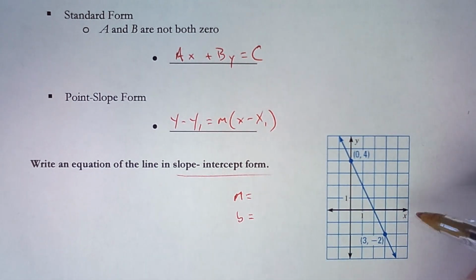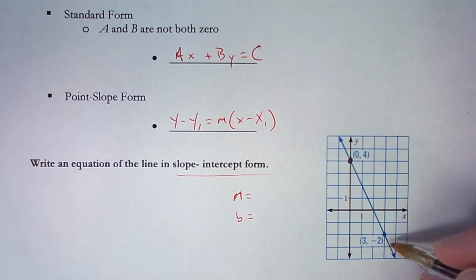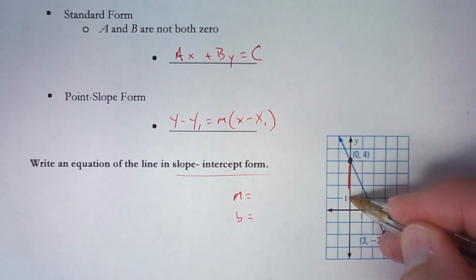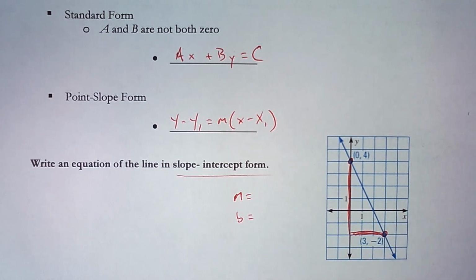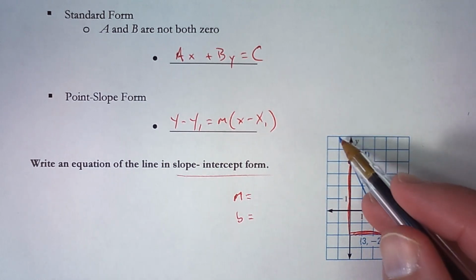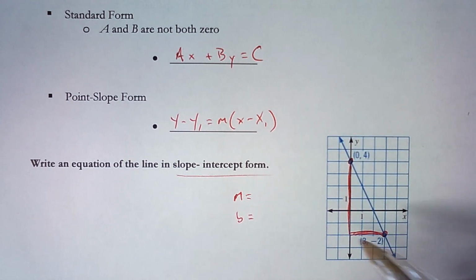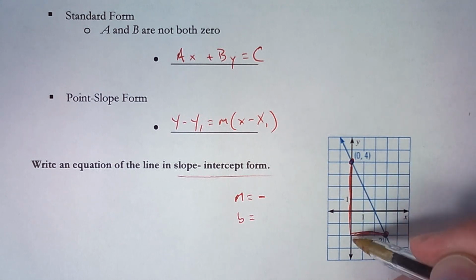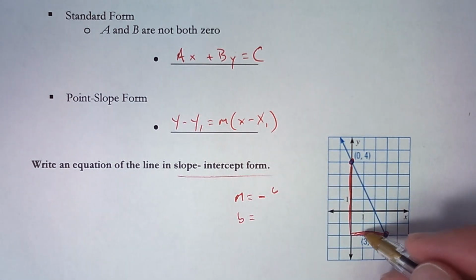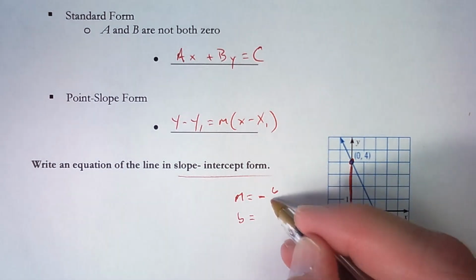So for the slope, here's what I'll do. I've got a point here, and I've got a point here. I'm going to connect them with a triangle. I know that I'm falling from left to right, so I've got a negative slope, and it's falling 1, 2, 3, 4, 5, 6, and then it's running 1, 2, 3.